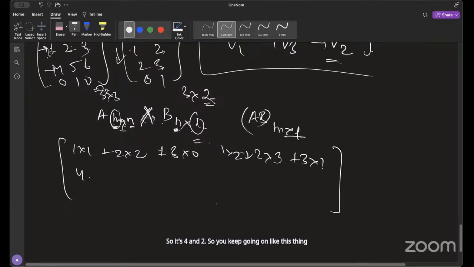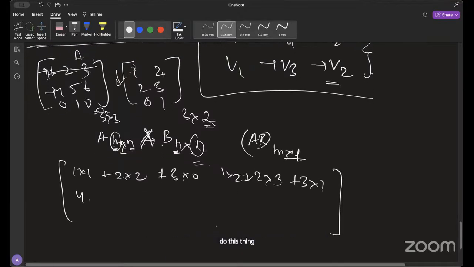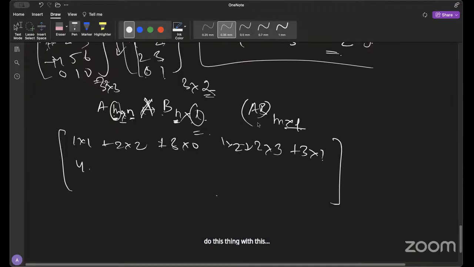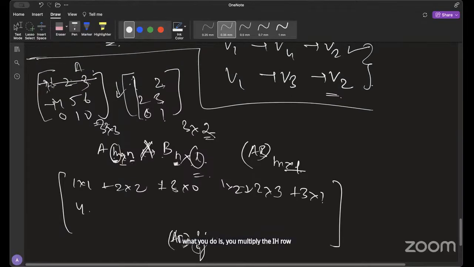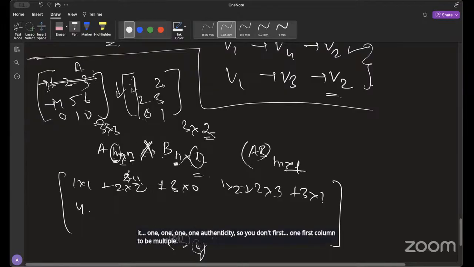Simply, when you want the ijth entry, you multiply the ith row with the jth column, multiplying the entries and then adding them.